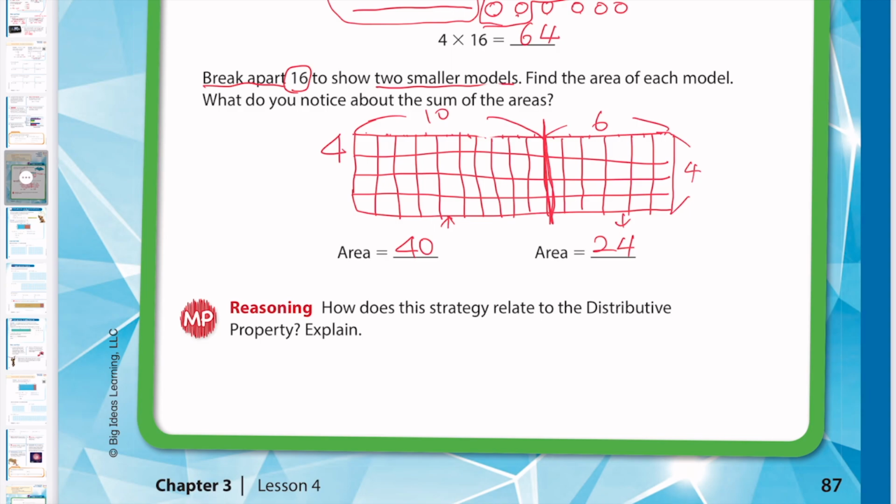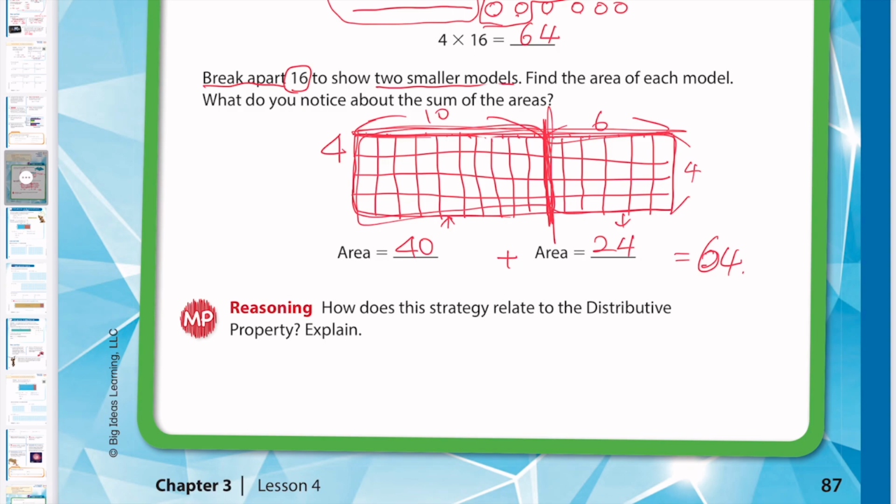So that means we know this was 16 altogether on top here, right? And then we split them into 10 and 6, and we find the partial area, and then when we add them together, we find the entire area, which is what? 64.